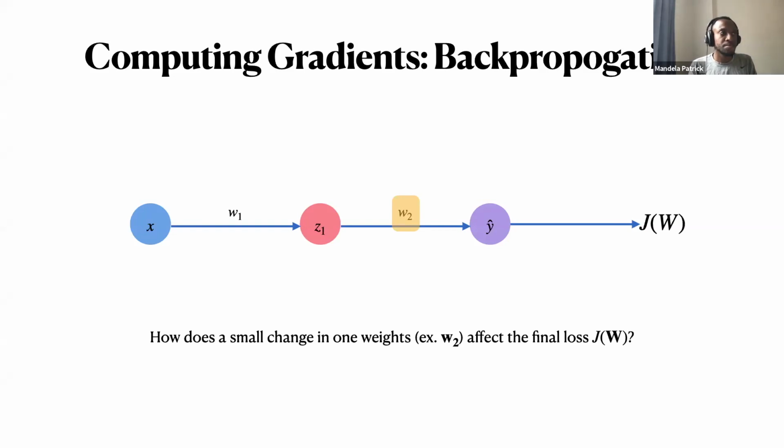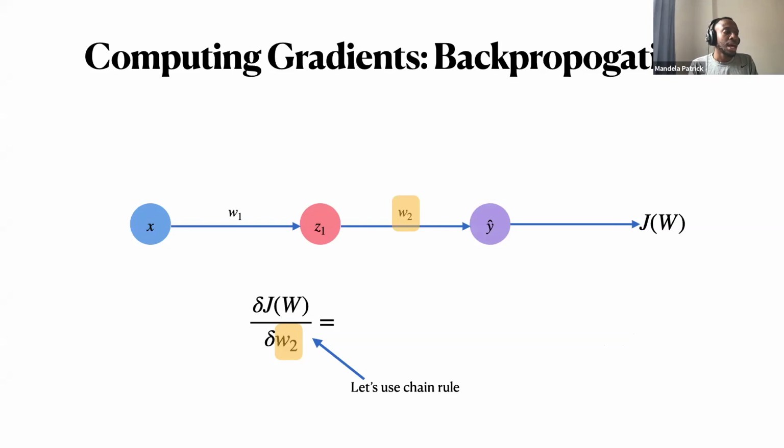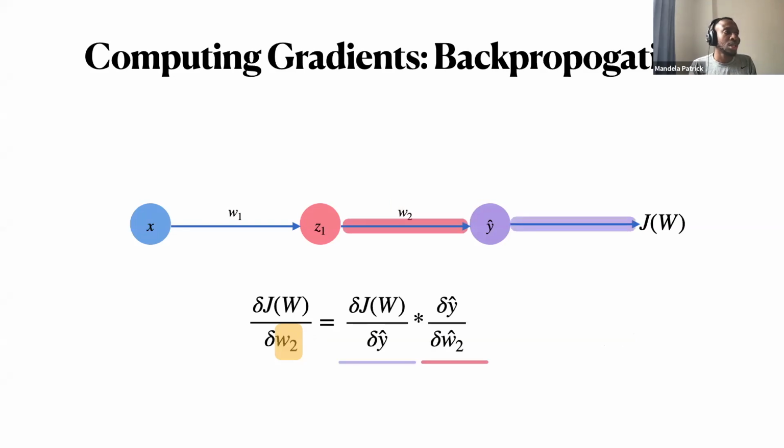In this case, you have two weight values, W1 and W2, and you want to see how much W2 affects the final function J(W). So we're going to use the chain rule. For those not familiar with the chain rule, this is not totally necessary; it's just for those who want to get familiar with the deeper math.